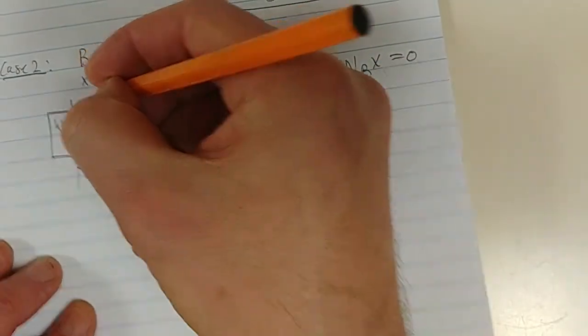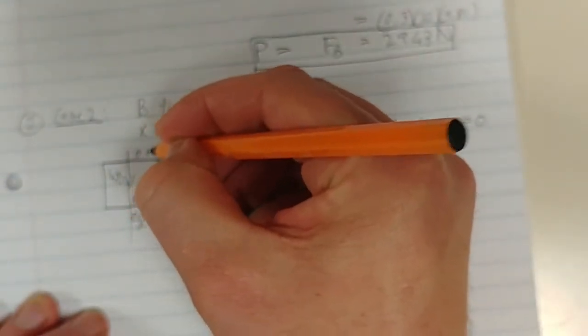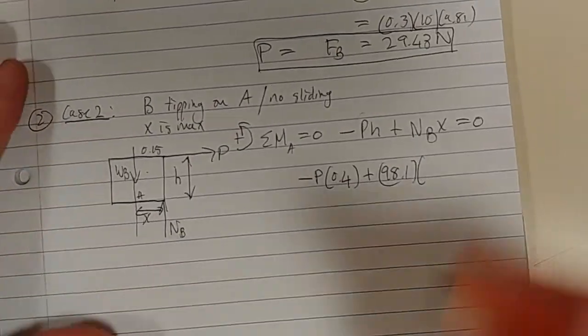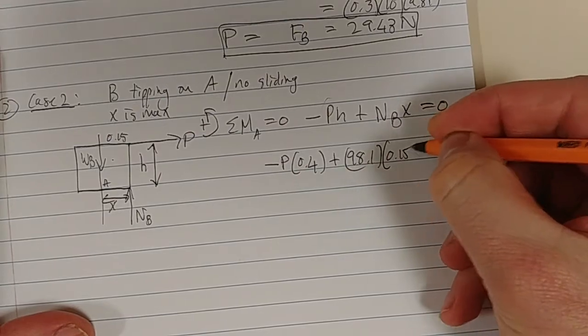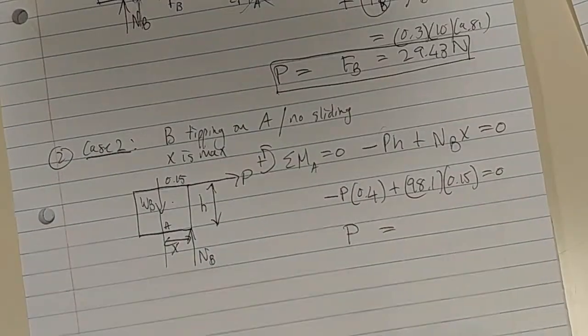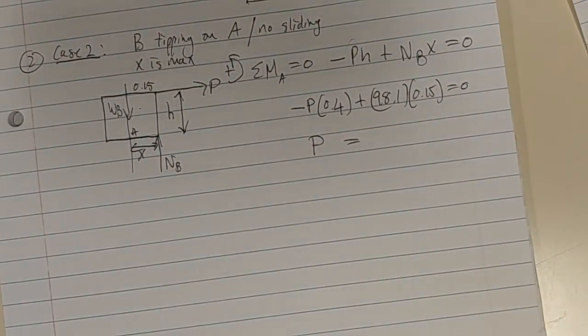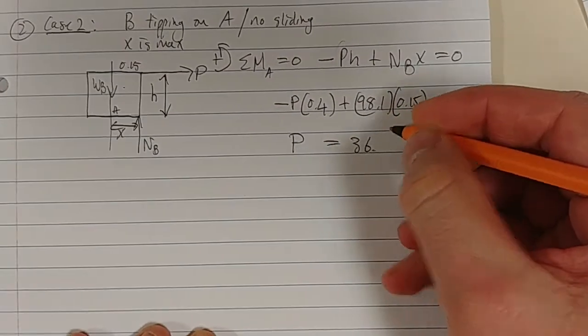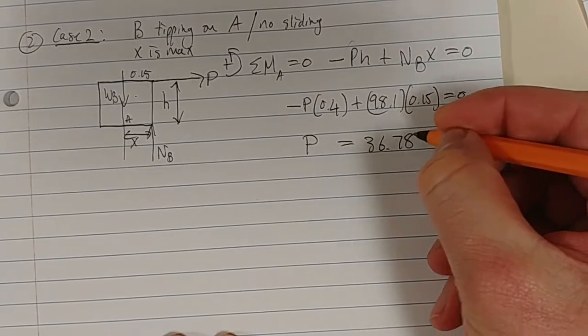And this width here was 0.3 total width, and I think that's 0.15. Let me have a look. Yes. So this has to now be 0.15 when you take moments, and we solve for P, okay? And we have 98,1 times 0.15 divided by 0.4. We get 36,78 Newton.